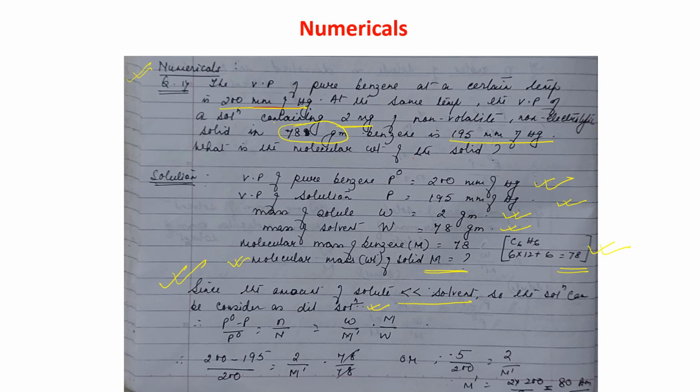So my formula will be (P0 minus P) by P0 is equal to n by N, which is equal to (w by M') into (M by W). Everything is given except M'. Just put all the data, fill in the data and find out the value of M', which is coming 80. This is the answer.